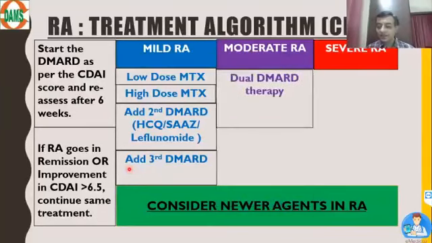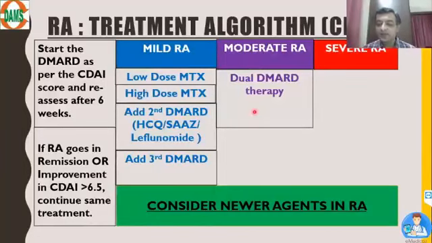On the other side, if it is moderate RA, you will start the patient on dual DMARD therapy directly. Again, wait for 6 weeks.